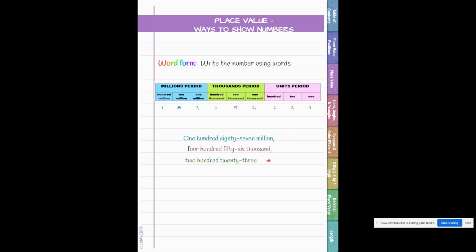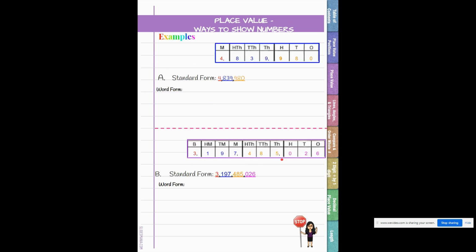When it doesn't have the period, we already know that we're talking about our units. So in word form, we have 187,456,223.